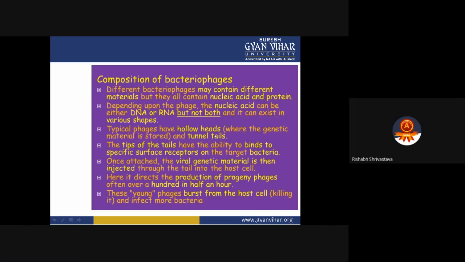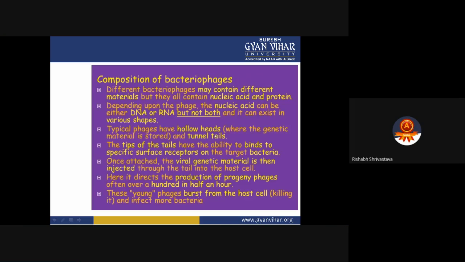The shape of bacteriophages is also different from one species to another. Typical phage have a hollow head where the genetic material is stored and a tunnel tail. The tip of the tail has the ability to bind to specific surface receptors on the target bacteria.